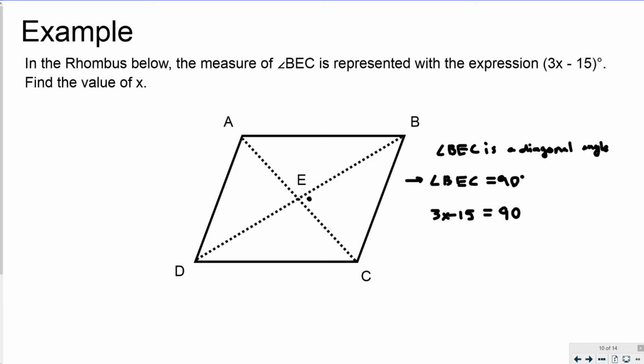So to solve for x, 3x, add 15 to both sides is 105, and then divide by 3 on both sides, x equals 35. So I use the property that all their diagonal angles are 90 degrees. And I know BEC is equal to 90, so then I can use the expression that it is represented with, set it equal to 90, and solve the resulting equation.